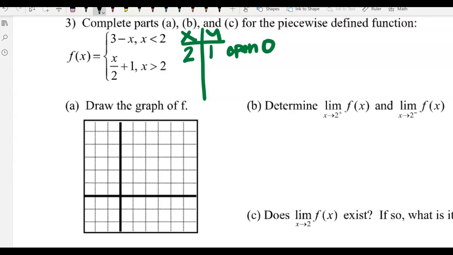Then, Shannon, give me one more value for the first piece. -3. All right. Shannon, plug it in. What do we get? 0. For the first piece? Oh, never mind. 3. Well, we have to pick less than 2. So let's keep it -3. But when x is -3, what's y?